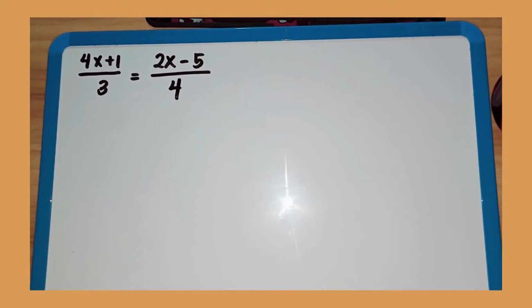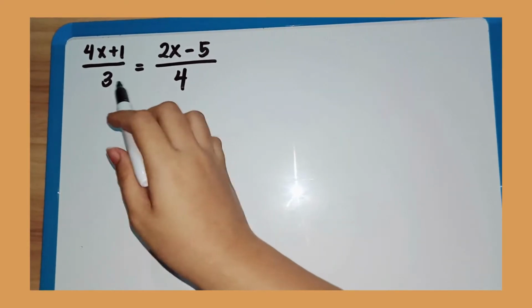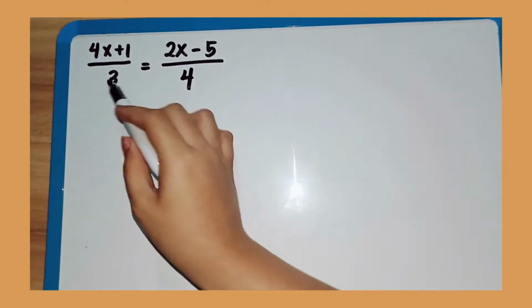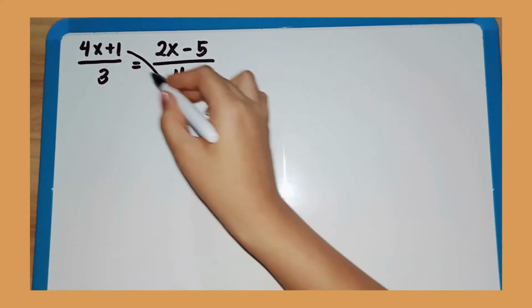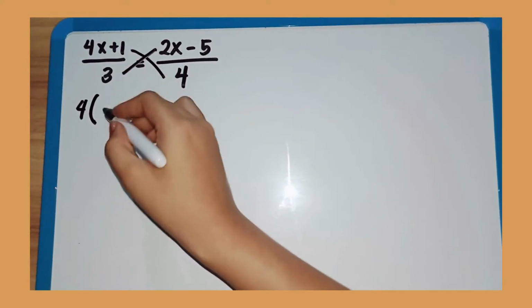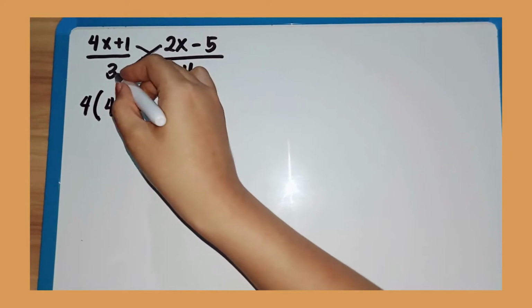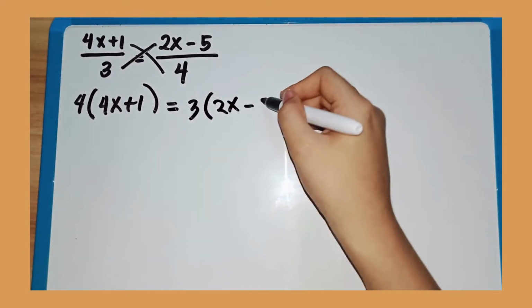What if dalawa yung ating fraction and then kabilaan siya ng ating equal sign? First fraction, second fraction, and then kabilaan ng equal sign. Yung gagawin lang natin is to cross multiply. Copy 4, then copy 4x plus 1 equals, copy 3, then 2x minus 5.